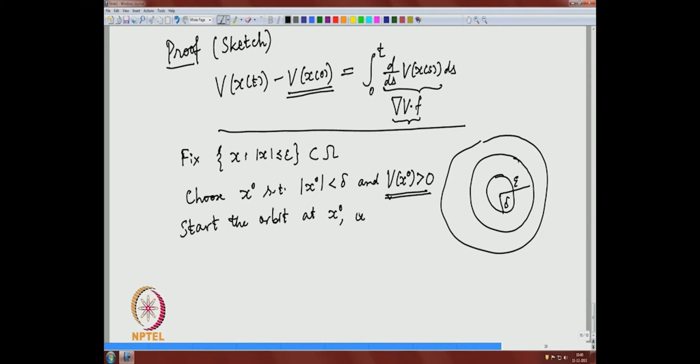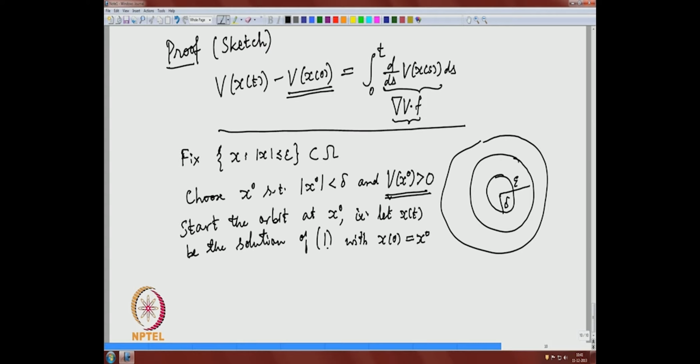So, this is the same thing as saying, let x(t) be the solution of our system 1 of 1 with x(0) equal to x 0. Okay.